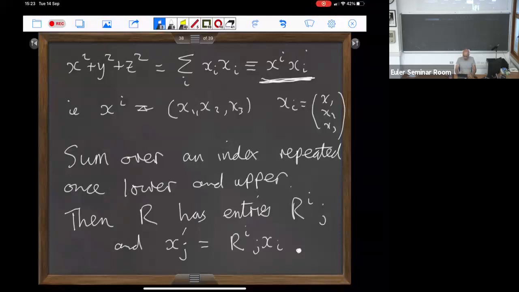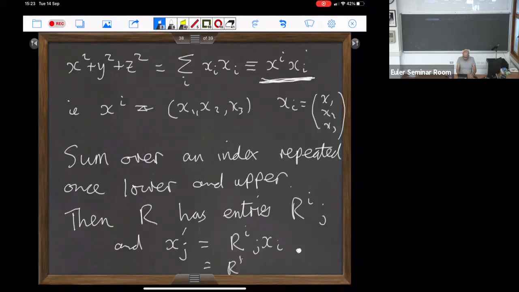For those of you who are not familiar with this way of writing matrix multiplication, I urge you to rewrite the right-hand side as what it is.